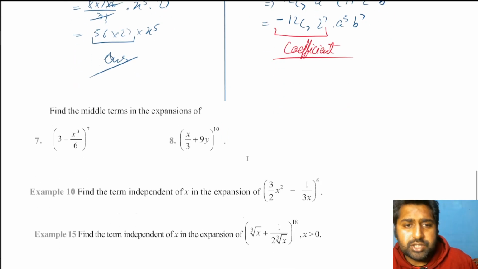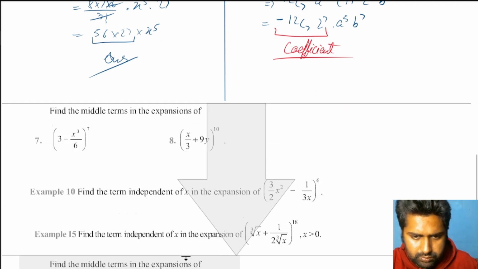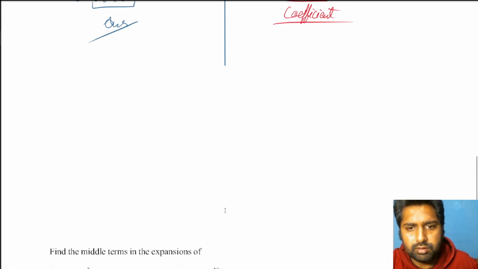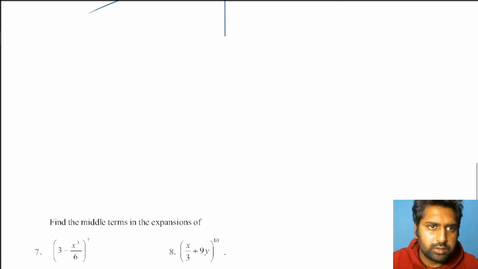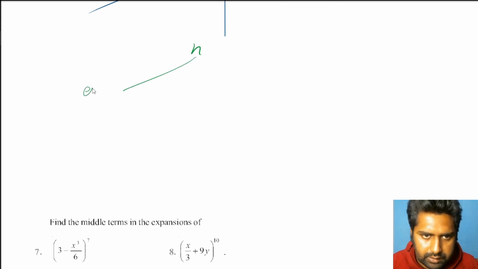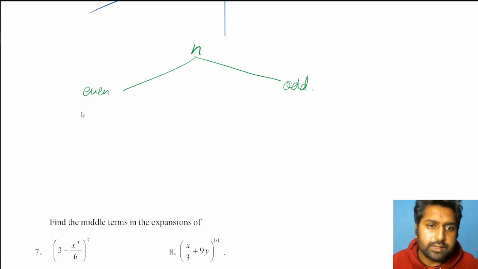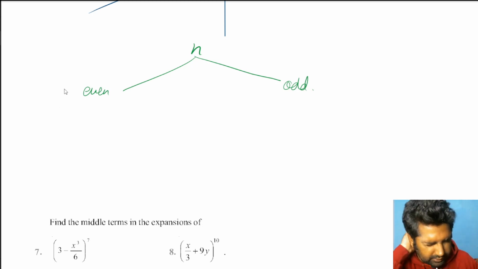Now one more application, that is regarding middle term. But before that, I need to explain some concept of middle term first of all. You need to note down this. See, we are expanding about power n. Now power can be even or power can be odd. In the case of even, if you are doing power 2, you get 3 terms.